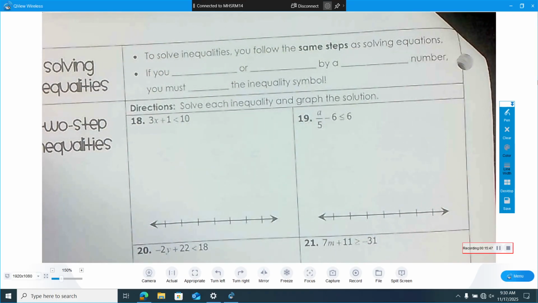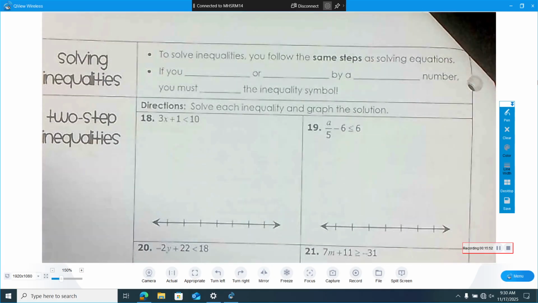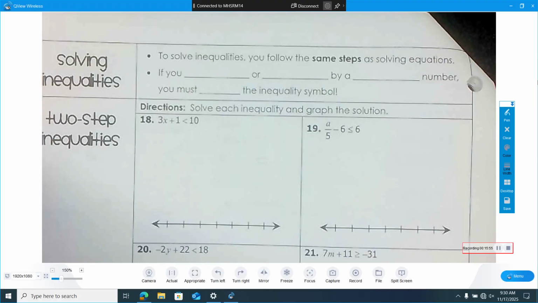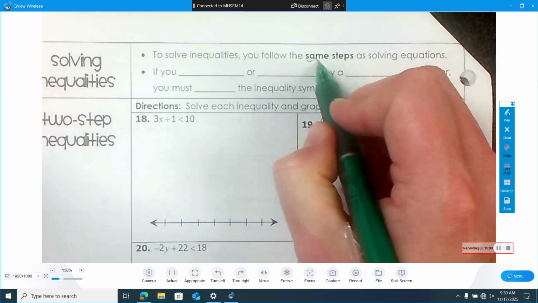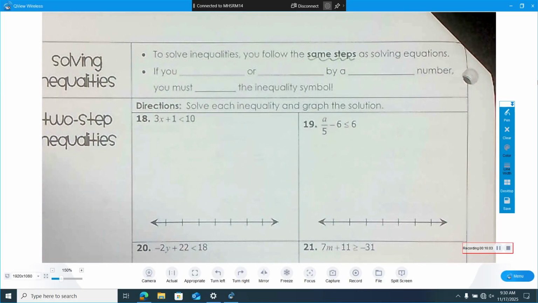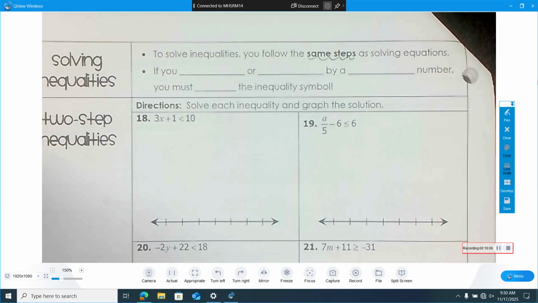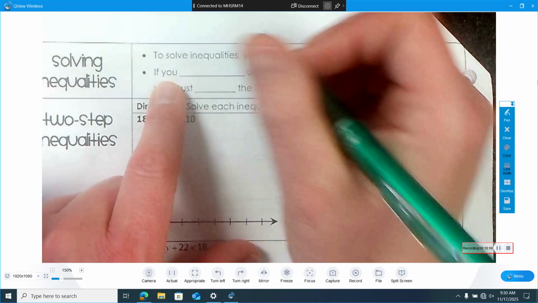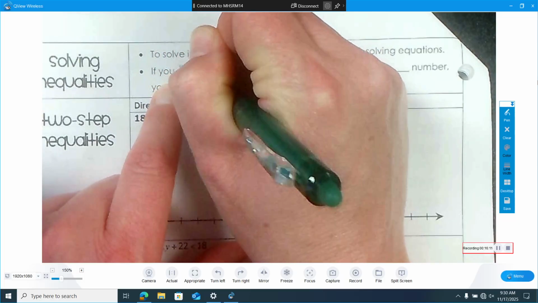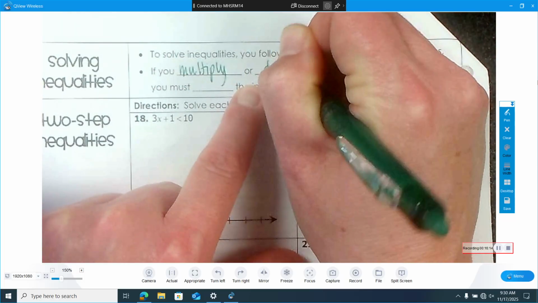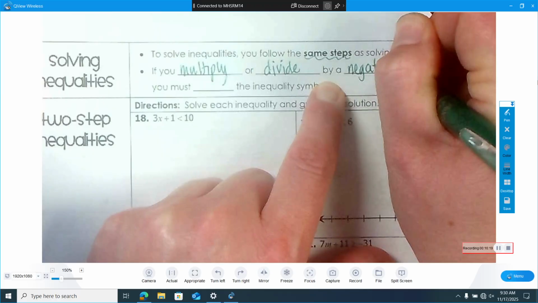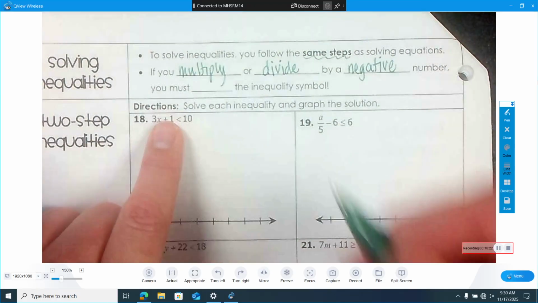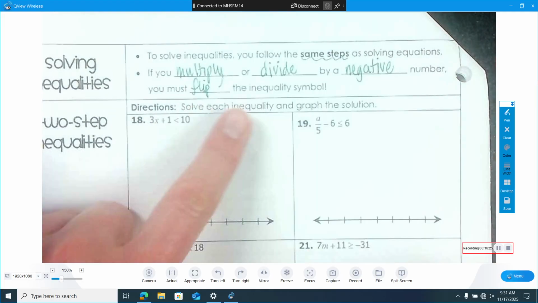All right. So it turns out, here's what our goal really was. Solving inequalities. This is what we really care about today. To solve inequalities, we follow the exact same steps as we did for solving equations. However, if you multiply or divide by a negative number, you must flip the inequality symbol.